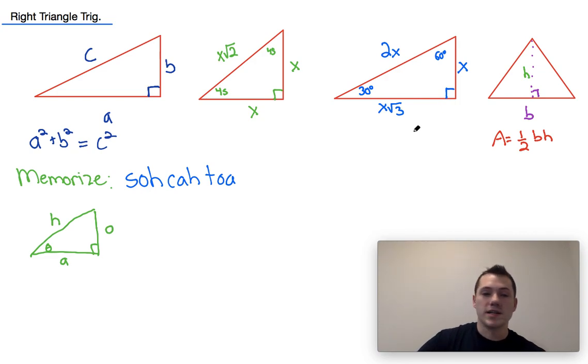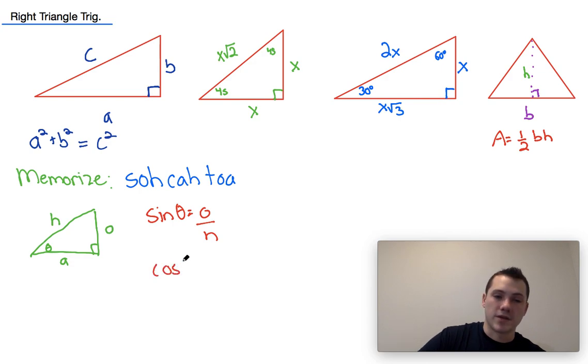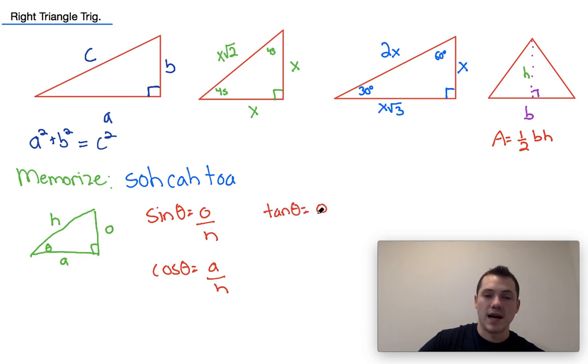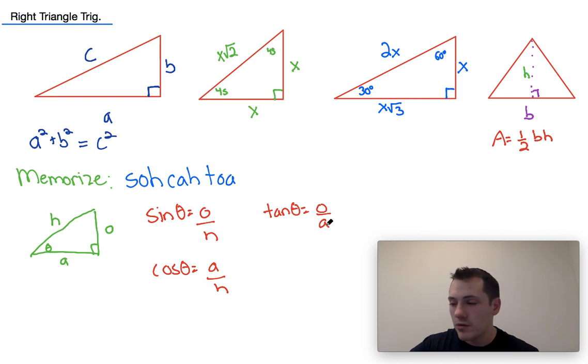So what Sohcahtoa is used for is the sine of the angle theta is equal to the opposite over the hypotenuse. The cosine of theta is equal to the adjacent over the hypotenuse. And the tangent of theta is equal to opposite over adjacent. You need to memorize these. These will in no way be provided for you on the SAT.